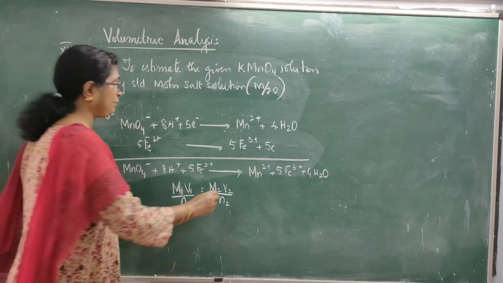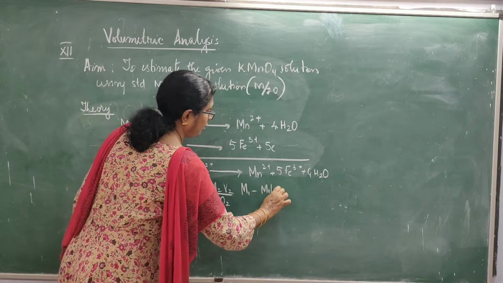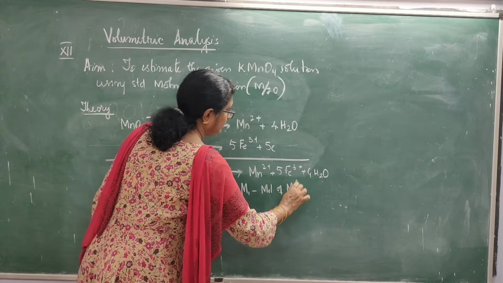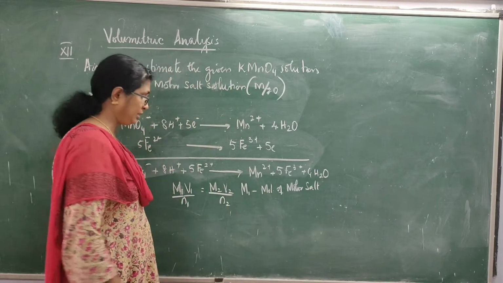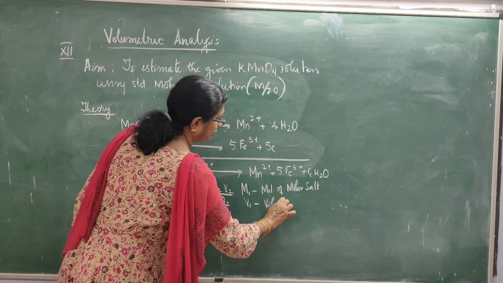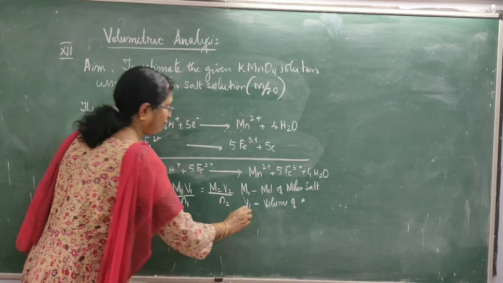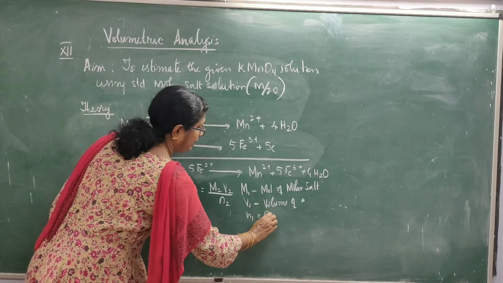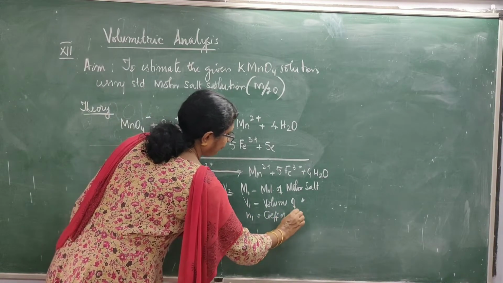You are preparing the solution, so you know M1. V1 is the volume of Mohr's salt solution; you will take a particular volume. N1 is its coefficient in the equation, the coefficient of Mohr's salt, that is Fe²⁺.